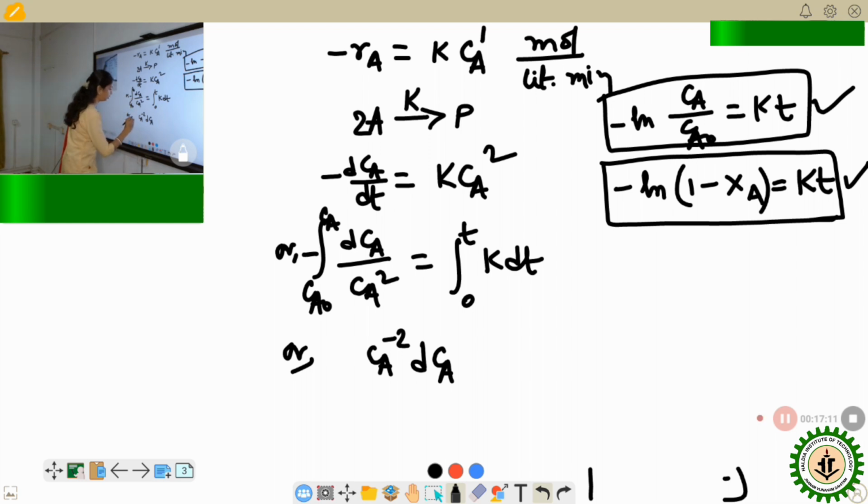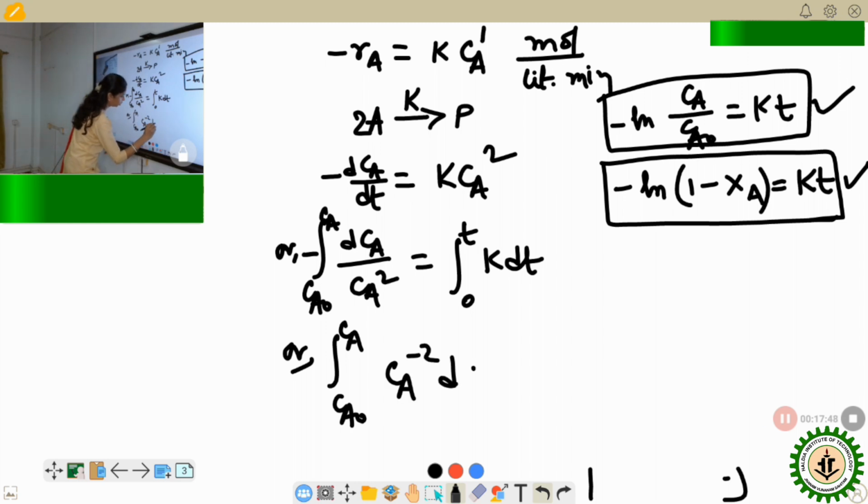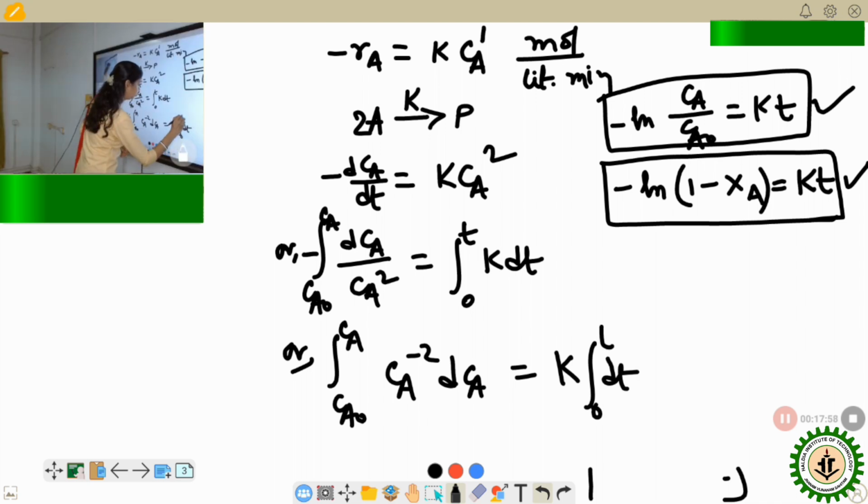We have one negative sign here. Integration Ca0 to Ca of Ca to the power minus 2 dCa equals K dt, 0 to t.